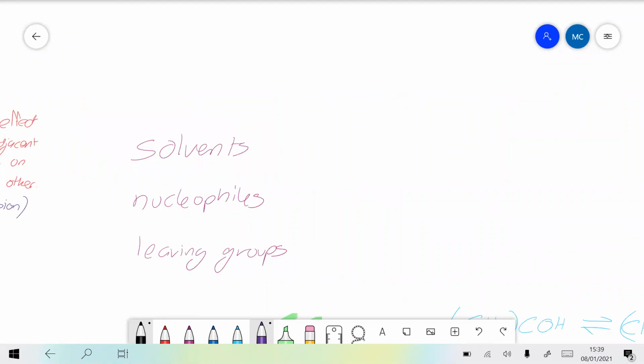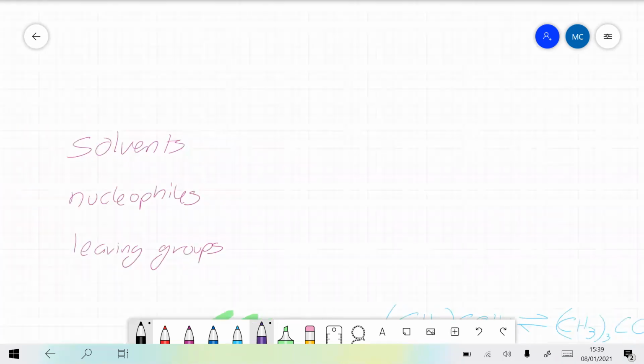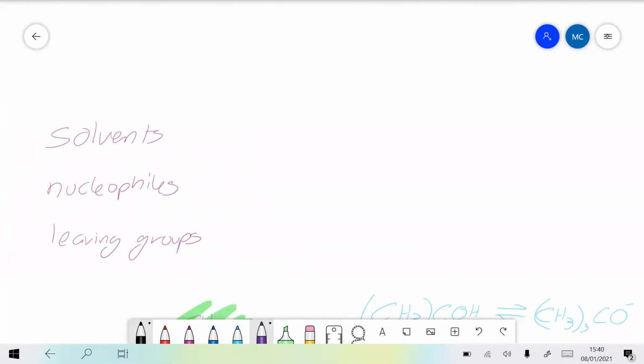Now, that's with regards to the nucleophile. The solvent. Some solvents make nucleophiles stronger. For example, if I have H plus in water and H plus in ether, they will behave differently. Because one is polar and protic.